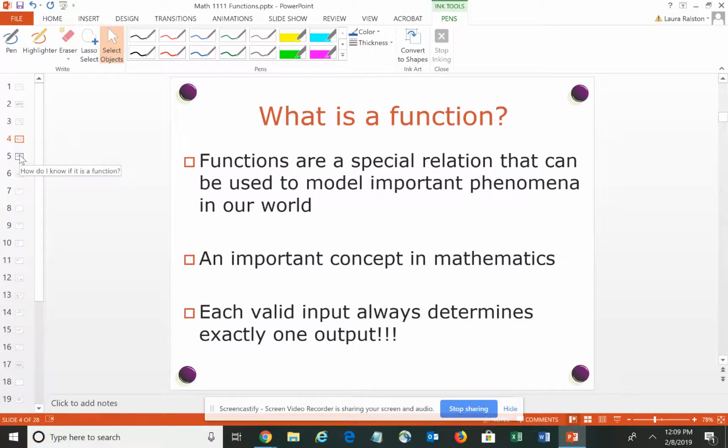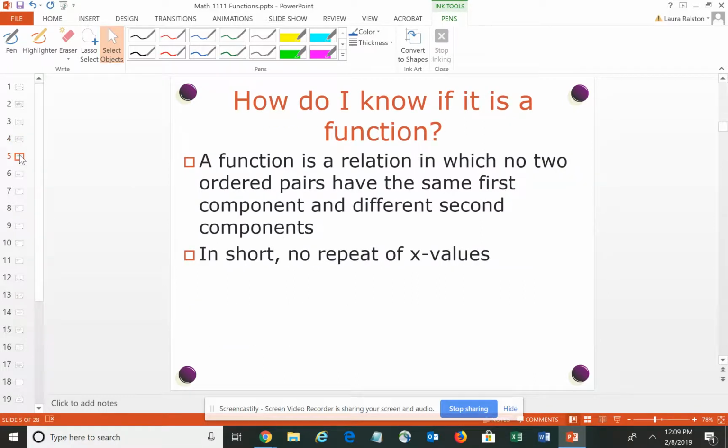Now, to emphasize that we're dealing with a function, we have a special notation. Here's the actual formal definition of a function from a mathematical perspective. A function is a relation in which no two ordered pairs have the same first component and different second components.